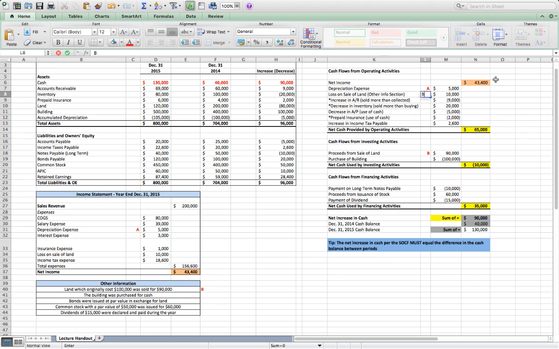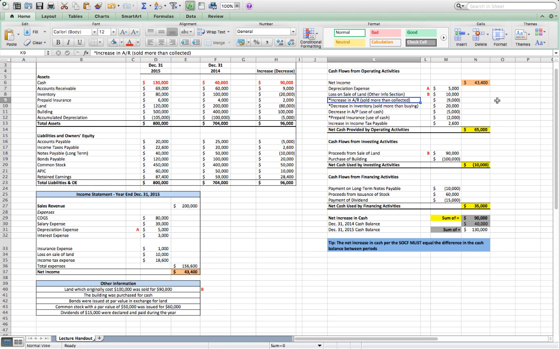Therefore, that is an operating activity, and if you can keep that straight, that will be one of the tougher things in the statement of cash flows to make sense of, is understanding that when you sell something like plant assets or land or buildings, if you have a loss, that balance goes to the loss is represented in operating activities, whereas the sale of the asset is represented in investing.